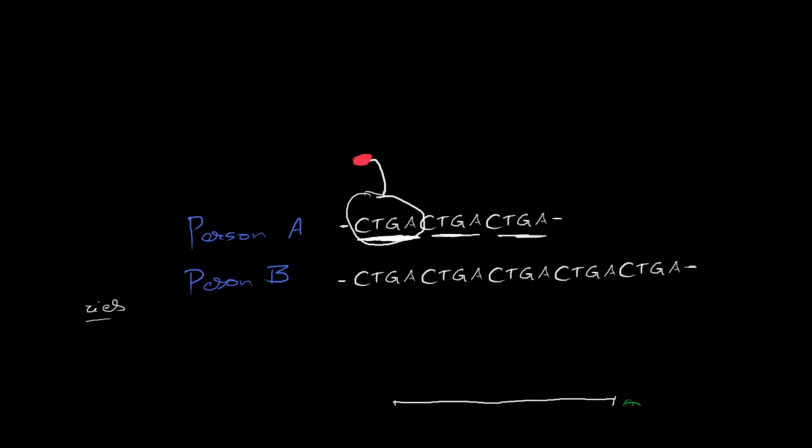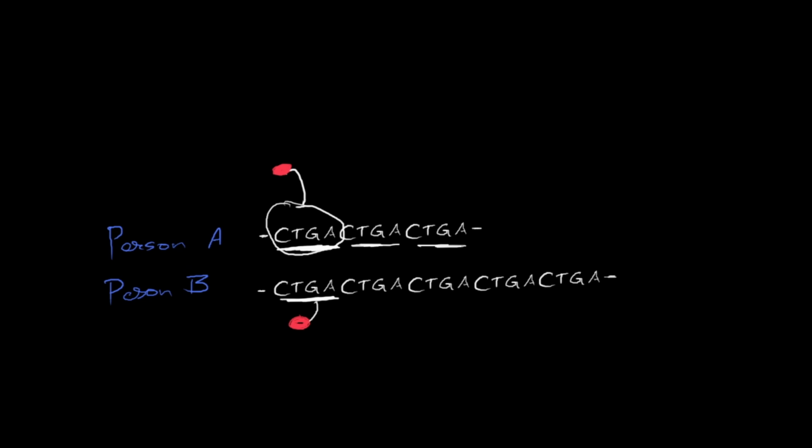The idea is that you can target this sequence in both these people, and you specifically visualize the sequence. If you notice, these two sequences are going to show up in different bands in our electrophoresis, because this is smaller and this is larger.